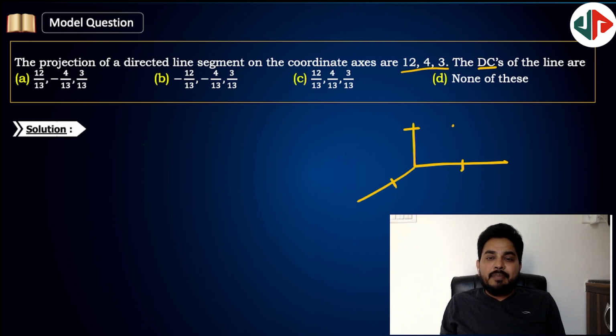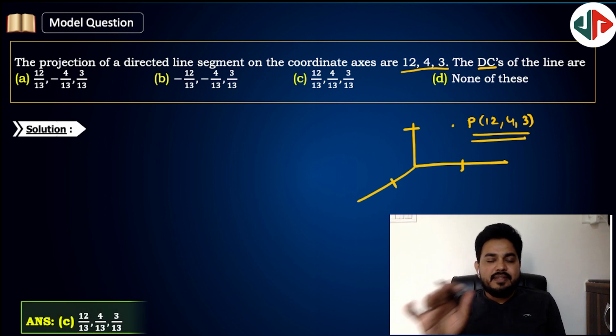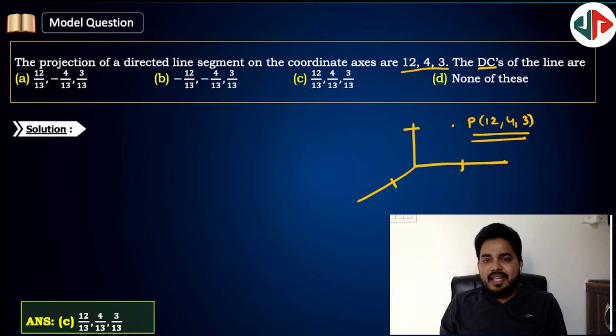So the point P will simply be 12 comma 4 comma 3. Directional cosines I need, so I divide by root over a square plus b square plus c square, that is 13, since 12 square plus 4 square plus 3 square under root is equal to 13. So 12 by 13, 4 by 13 and 3 by 13 will be the answer.